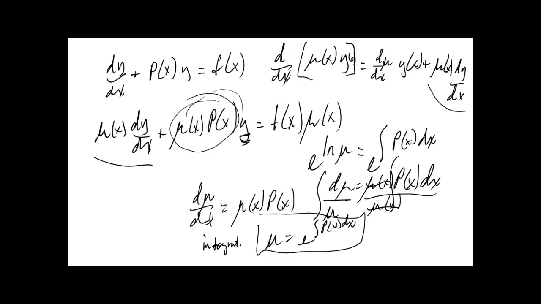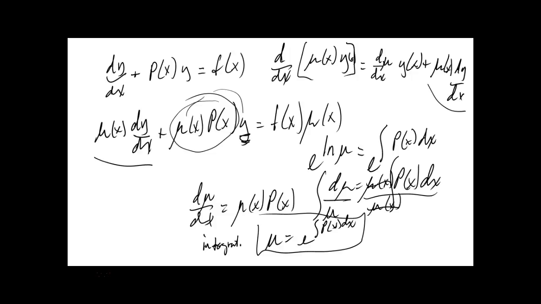Remember to put the linear equation into a standard form, which is dy dx plus p of x, y is equal to some f of x. Get it into that form. Then separate out that p of x, go off to the side, integrate it. Just integrate it. Don't worry about any constants either, just integrate it. Whatever you get there, raise e to that power.